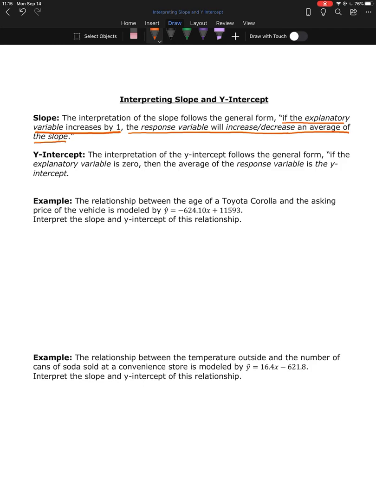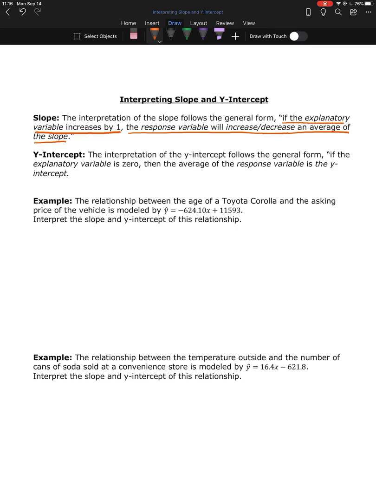In this explanation, I have italicized explanatory variable, response variable, increase, decrease, and the slope. All of these italicized, slanted words should be changed according to your linear relationship and the variables that you're looking at. You should never write, if the explanatory variable increases by 1. Don't write that. Write, if the hours studied increases by 1, if the temperature increases by 1, if the age increases by 1, and so on.